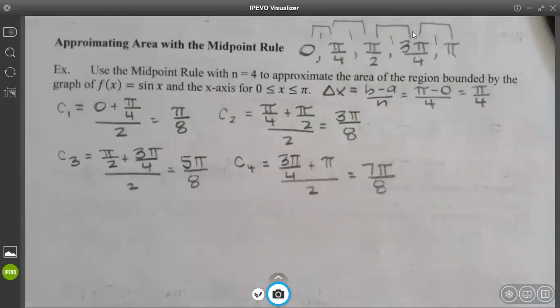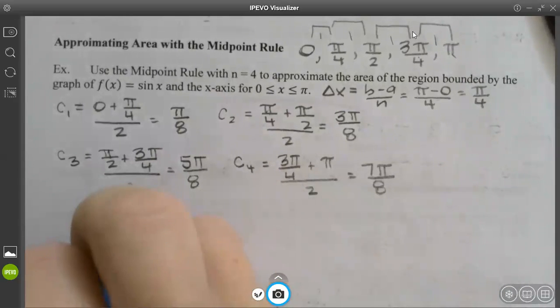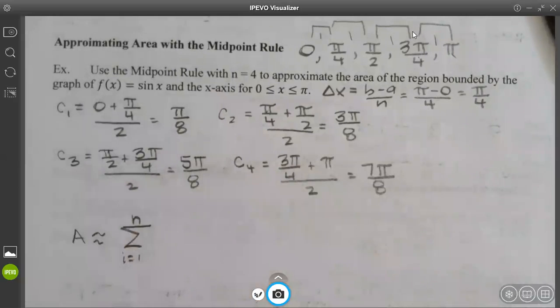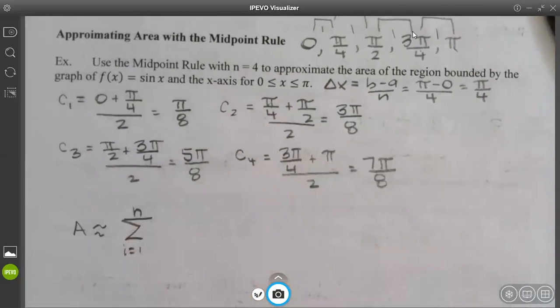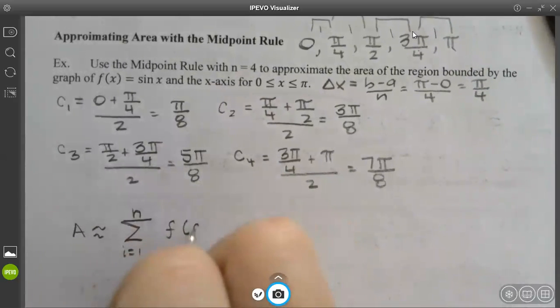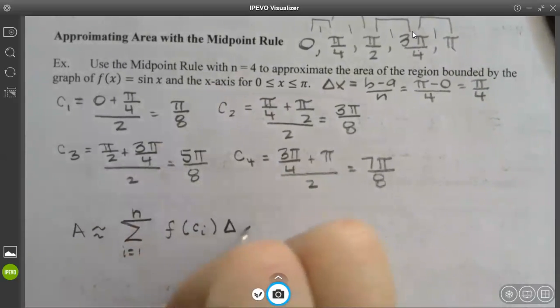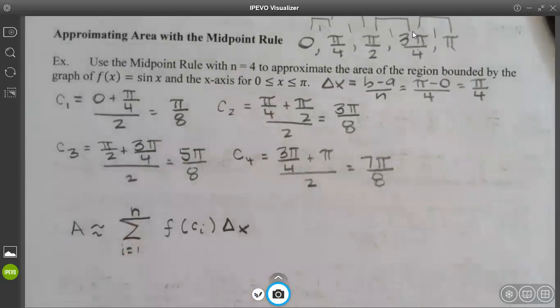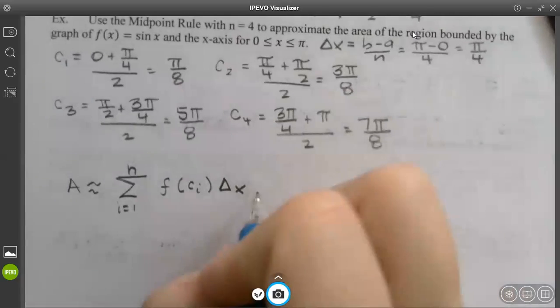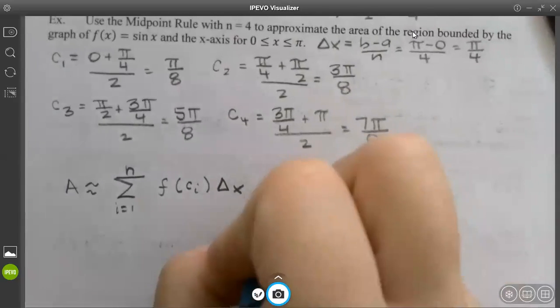All right, so now we found the area, which is the summation from 1 to n of f(c_i) delta x, which is the summation.